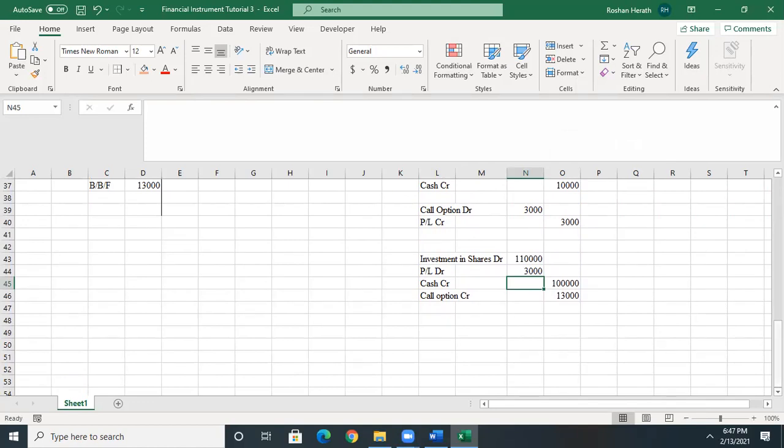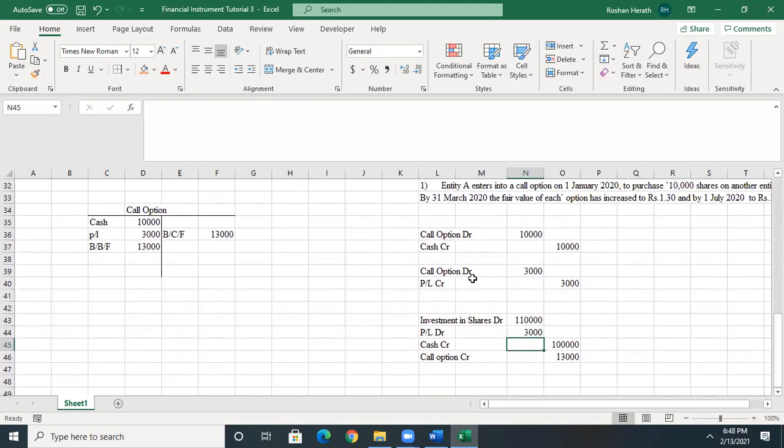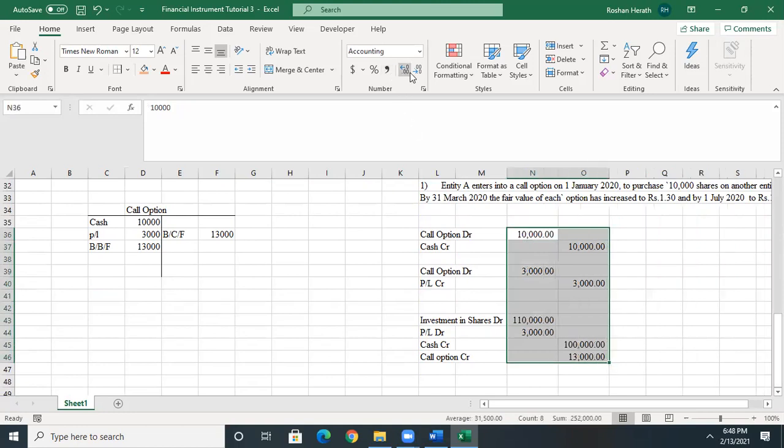So this is how the accounting happens. Then we saw that at maturity we have to derecognize the call option, 13,000. Then we pay in cash 10 per share. So 100,000 is what we pay. Then we have the investment received at the fair value, 110,000.